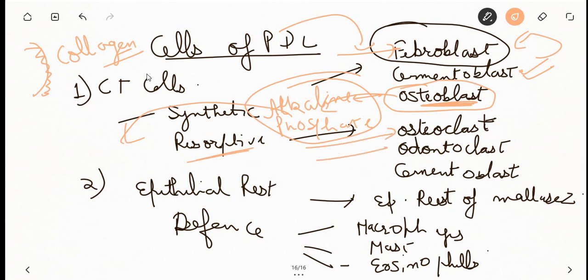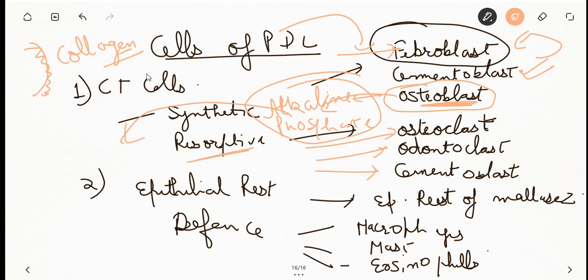Coming to the resorptive cells, that are osteoclast, odontoclast and cementoclast. The osteoclasts are the bone resorbing cells. They are large cells having numerous nuclei. They are present on the surface of bone where it is removed.